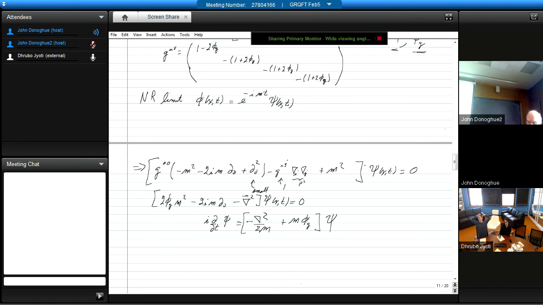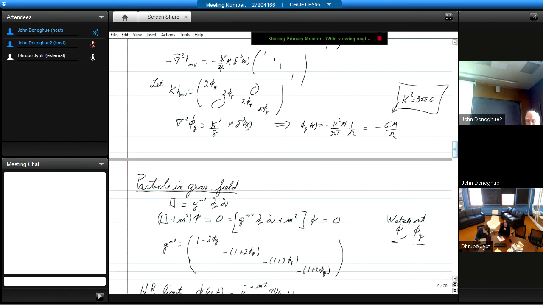So I get the Schrodinger equation with the right gravitational potential. This is the gravitational potential energy.